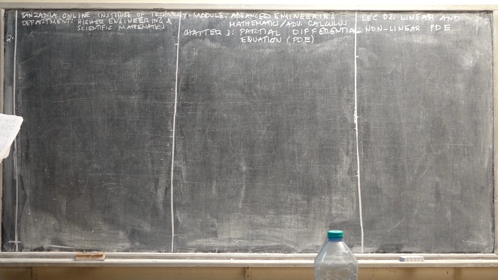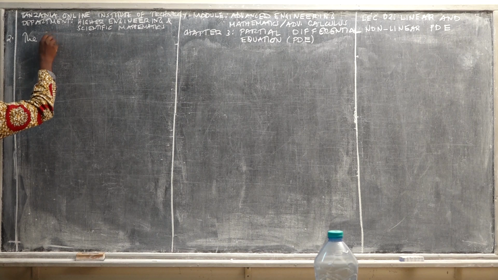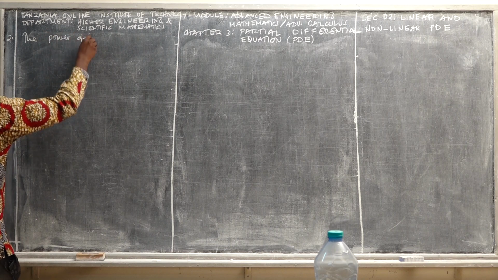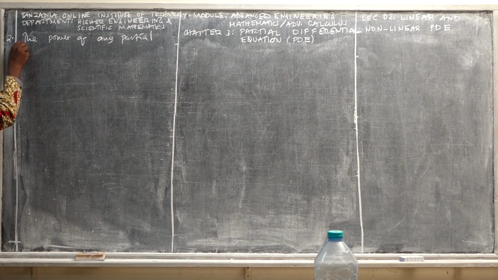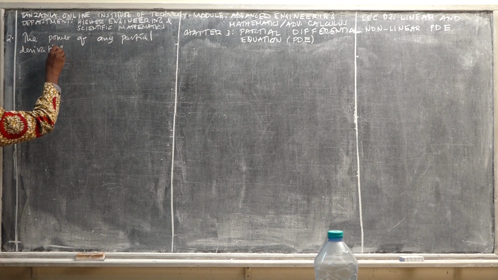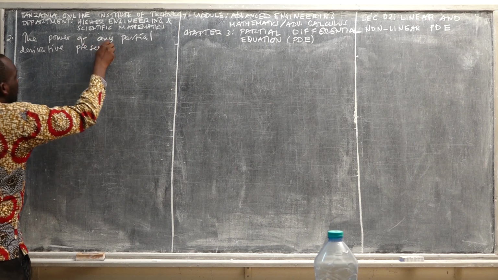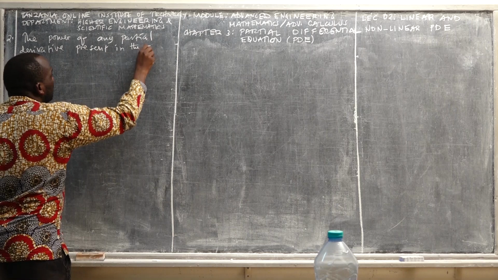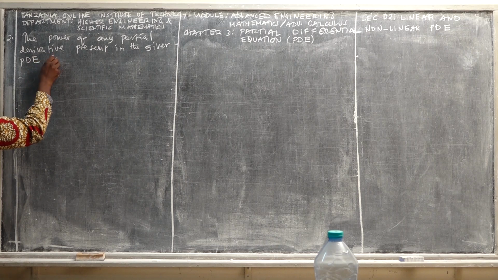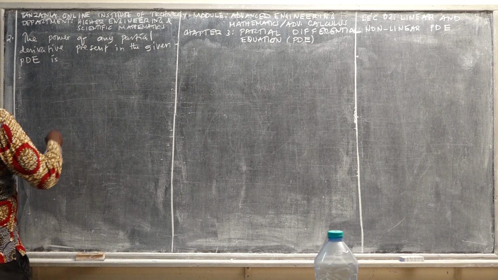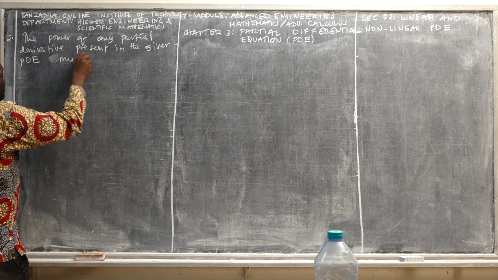The partial differential equation is linear if the power of any partial derivative present in the given partial differential equation must be 1.